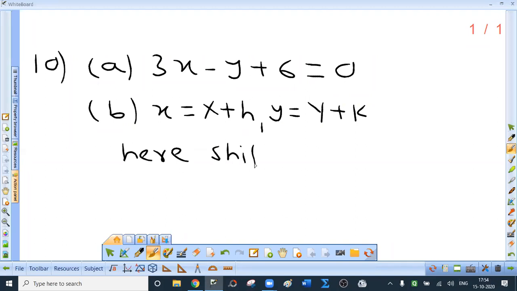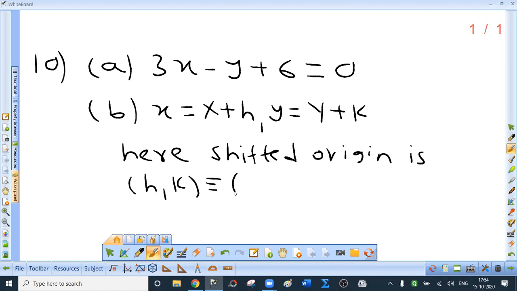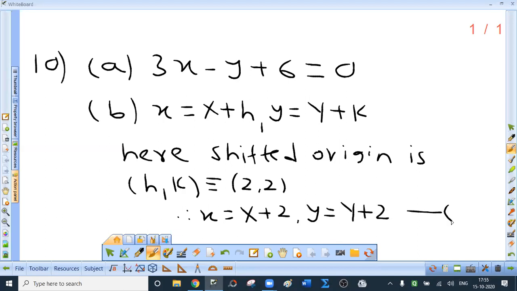Here shifted origin h, k is given to be what? (2, 2). Therefore, small x equal to capital X plus 2 and small y equal to what? Capital Y plus 2. So this is number 1.